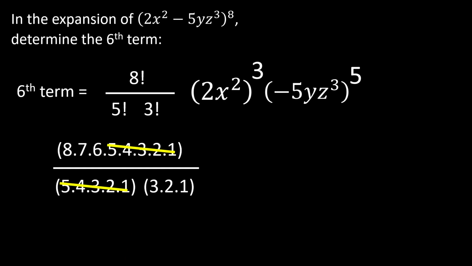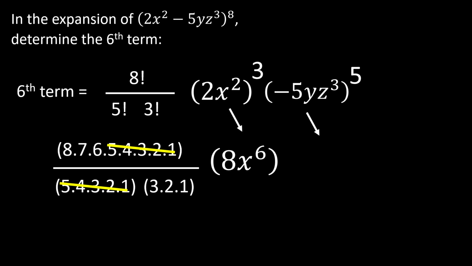And then afterward, let us proceed to the next part of our solution process. The 2x squared that is raised to the third power, we need to simplify it. 2x squared raised to the third power can be simplified as 8x to the 6th power, considering the power of a power rule in the laws of positive integer exponents.